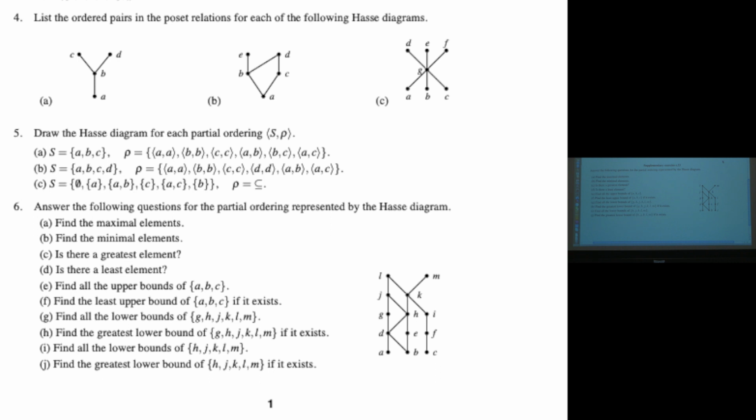Draw the Hasse diagram for each of the partial orderings. We should be able to get out a piece of paper and draw the Hasse diagram. See what you can come up with.